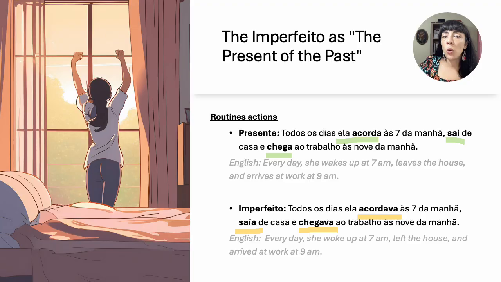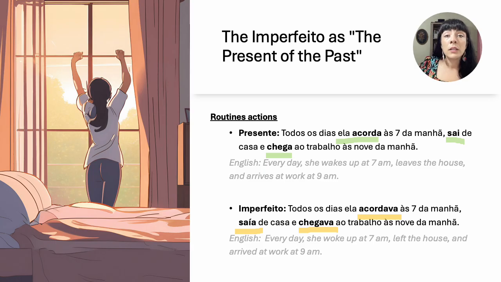Likewise, notice how certain keywords often provide crucial context for understanding the tense that is being used. Whether it is todos os dias, or todas as manhãs, or todos os meses, or todas as semanas, all of those expressions help indicate habitual or repeated actions.